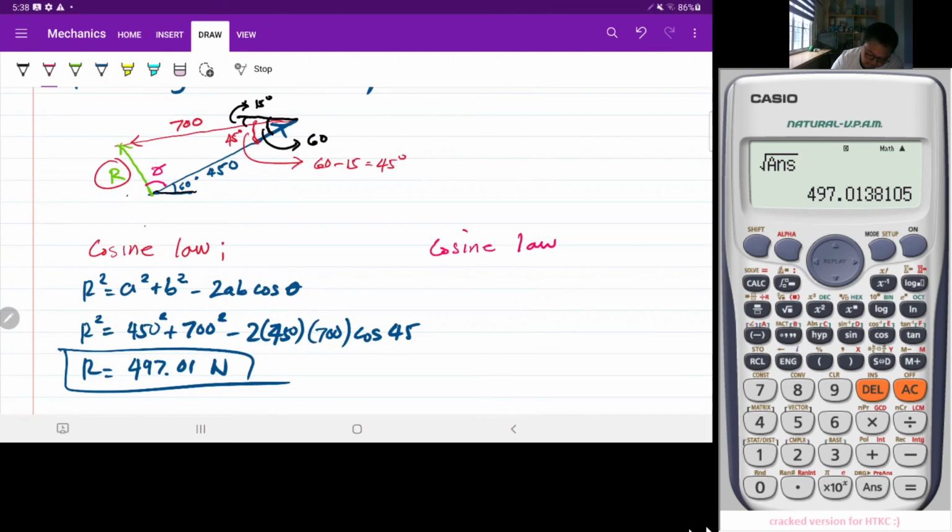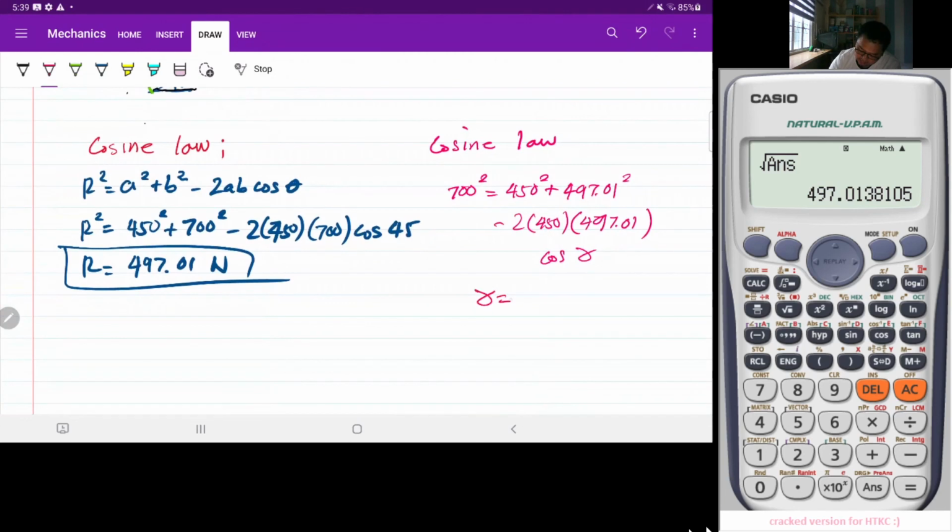So the opposite is 700 squared equals R. A is R, B is 450. Or you can interchange that. Let's say 450 squared plus R, which is 497.01, squared, minus 2 times 450 times 497.01 cosine of alpha. Okay? Gamma, I mean. So gamma is equal to what?